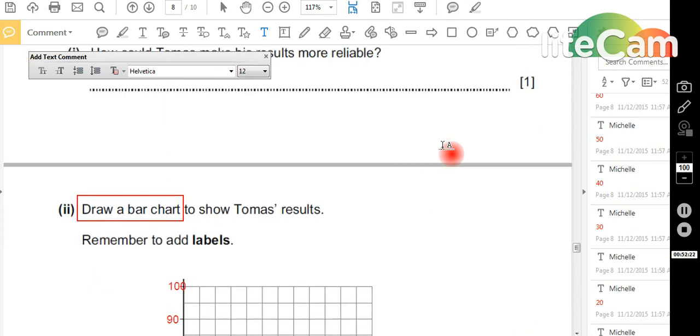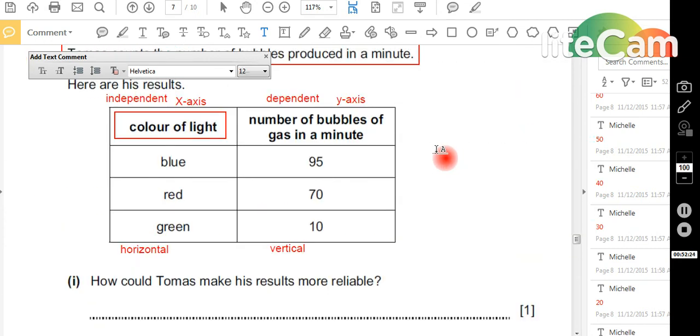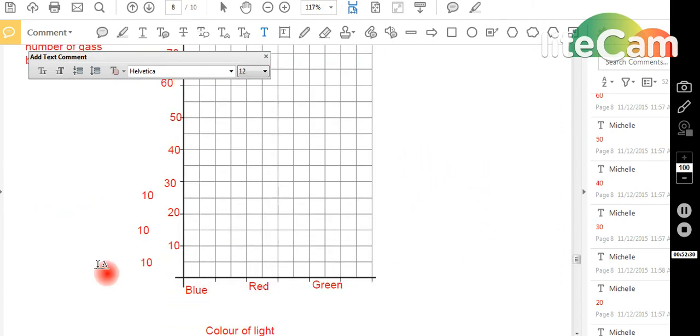Okay. For instance, I do get students that will literally, the values given here is 10, 70, and 95. And all they do is they go and they write here on the first line, they go 10. On the second one, they go 70. And on the third one, they go 95.